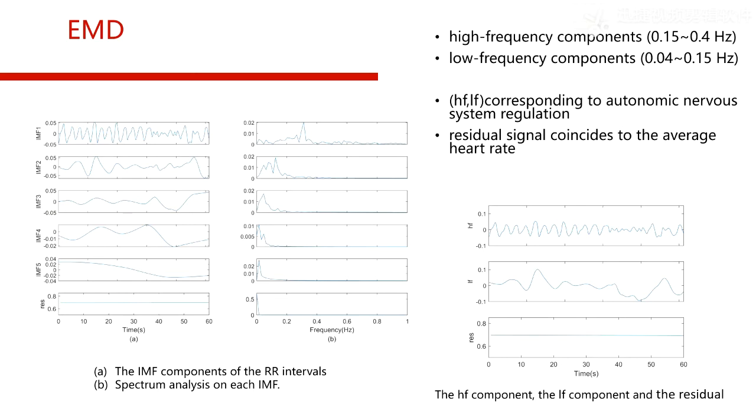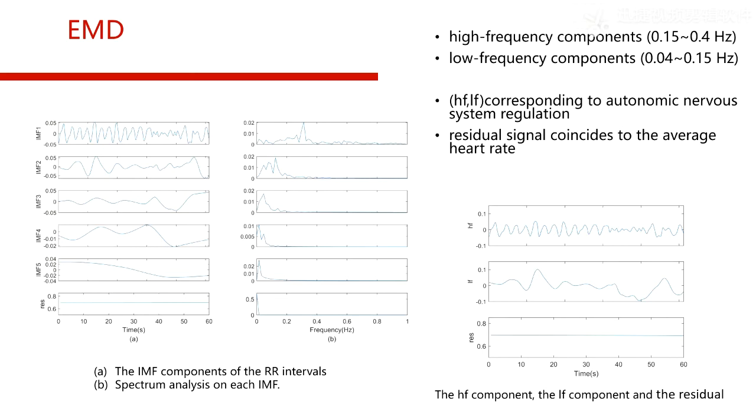Since HRV signals reflect the regulation of autonomic nerve system, the sympathetic and parasympathetic nerves of the autonomic nerve system mainly correspond to high-frequency components and low-frequency components.